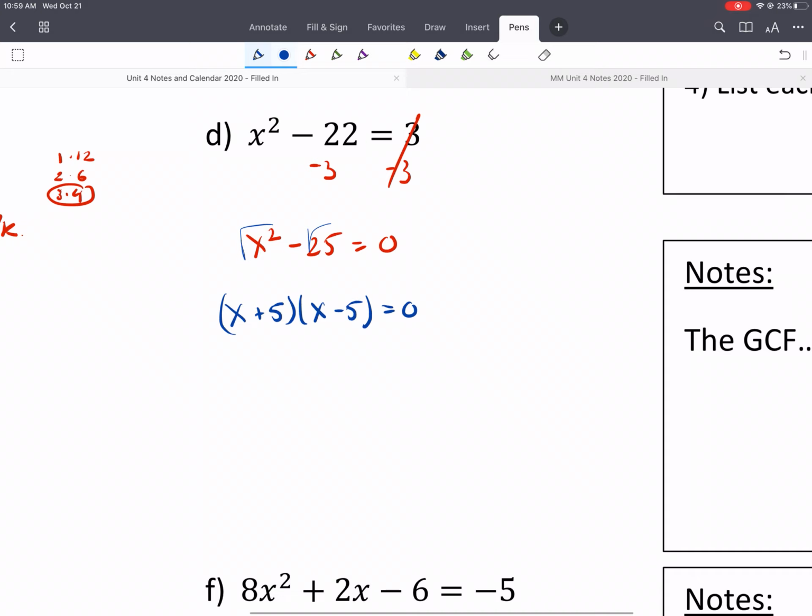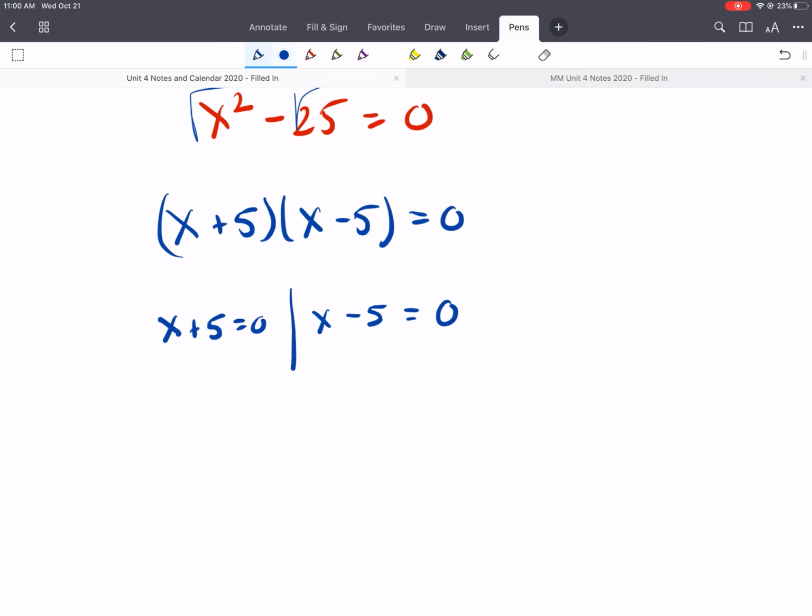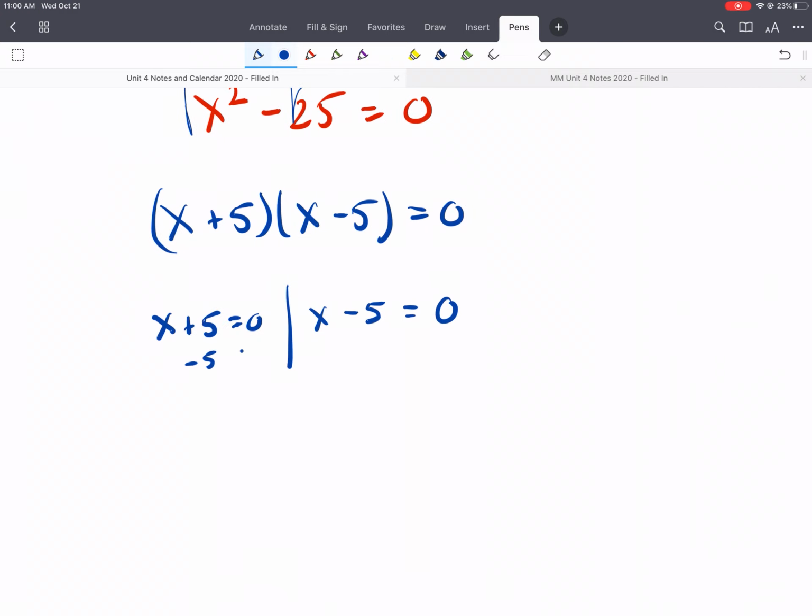Okay, and then we'll use the zero product property. So x plus 5 is equal to 0, or x minus 5 has got to be equal to 0. So here we'll subtract 5 from both sides, and we'll add 5 to both sides. To get x by itself, we'll get x is equal to -5 and a positive 5.